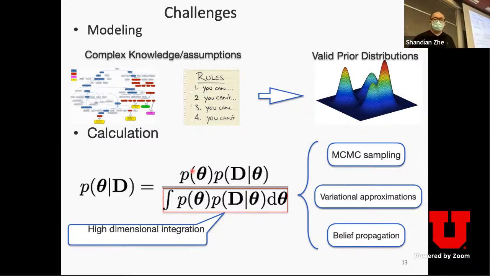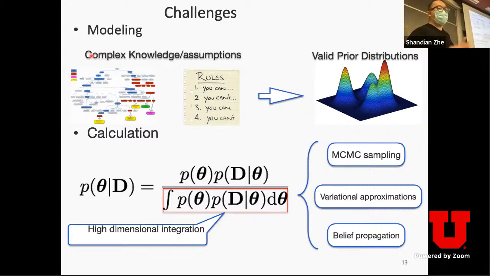So first, although we claim that your prior knowledge, your prior experience should be encoded into some prior distribution, how do you encode it? This is actually an issue. For example, I can use a Gaussian distribution where the mean and variance might express my belief.